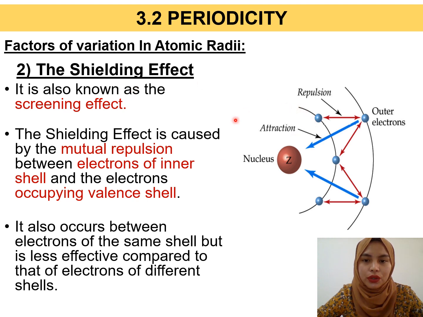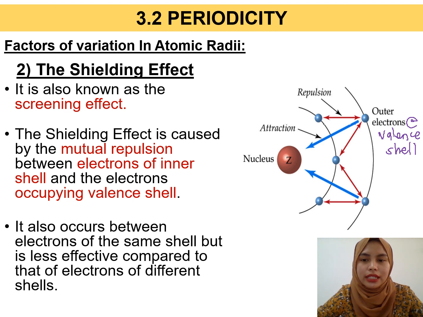Okay, if let's say you ada atomic model where you ada nucleus and you akan ada orbital around it, right? The valence electrons mestilah berada di valence shell kan. So outer electrons ni adalah nama lain untuk valence shell, sebab valence shell ni di mana valence electron berada.